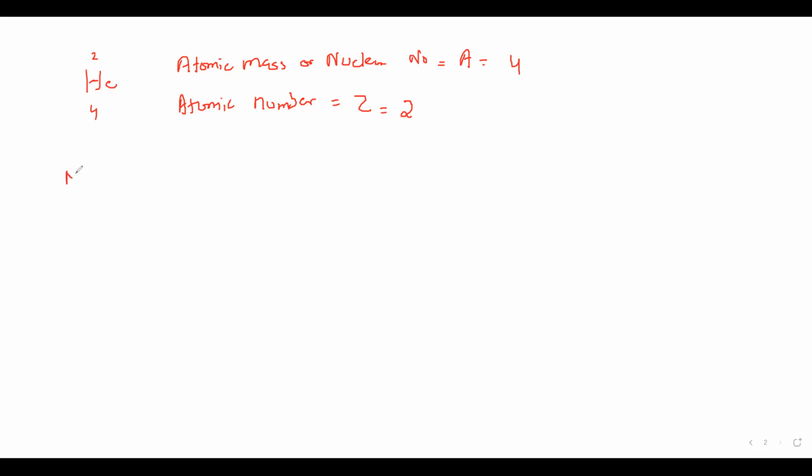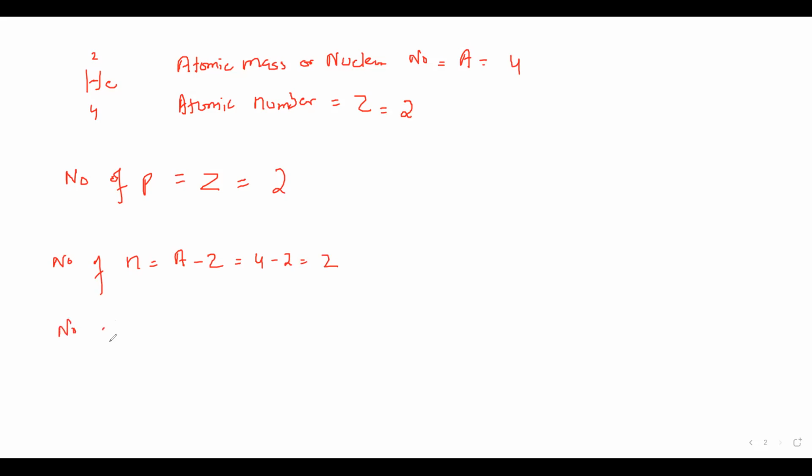And if you want to find the number of protons, the number of protons is the same as the atomic number, which is Z. So as Z is equal to 2, the number of protons will be 2. The number of neutrons is equal to A minus Z, so 4 minus 2, that is equal to 2.